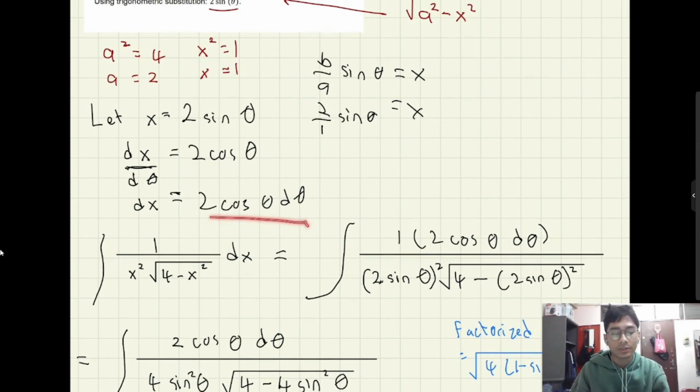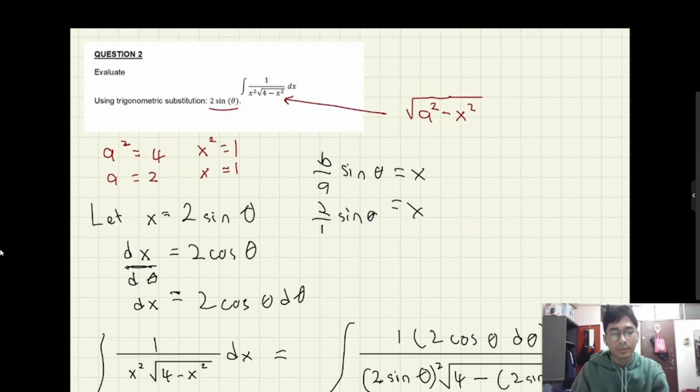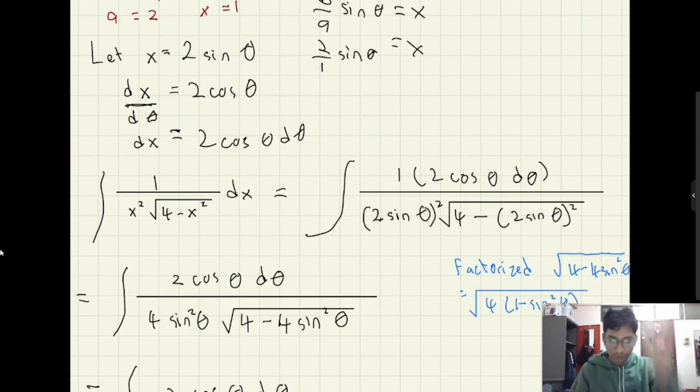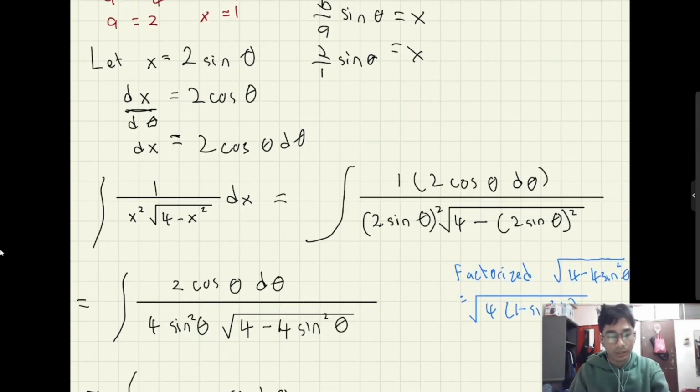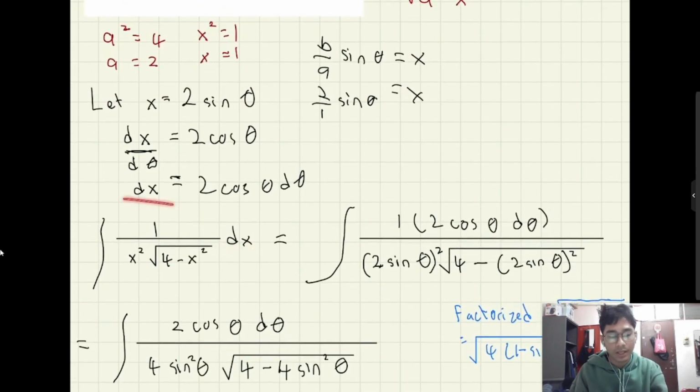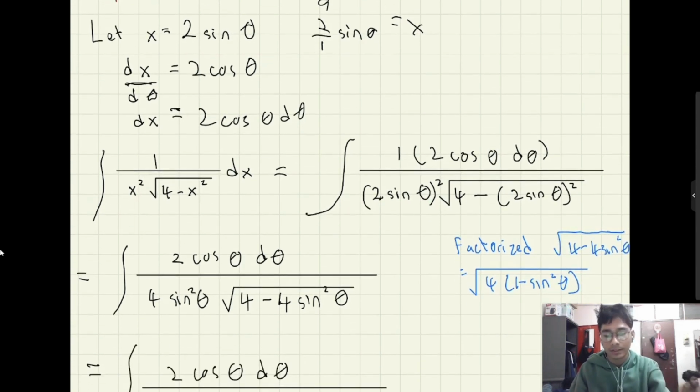After doing all the substitution values, I replace them into this equation. So the equation has dx, so we replace dx with 2 cos theta d theta, and x as 2 sin theta. I replace it like this and this.